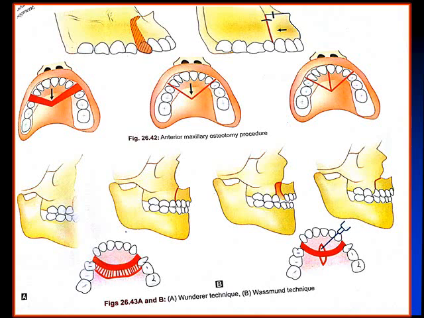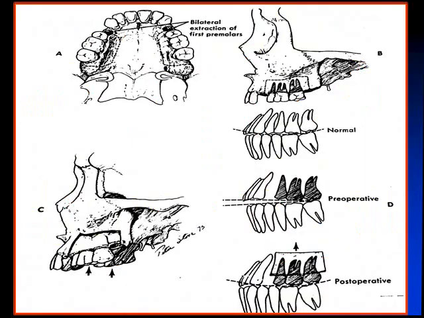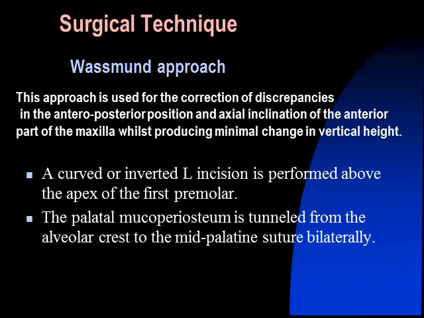So we can cut only the anterior part of the maxilla, move it to the normal position and fix it. This is called anterior maxillary osteotomy, which could be done by a buccal approach or palatal approach.